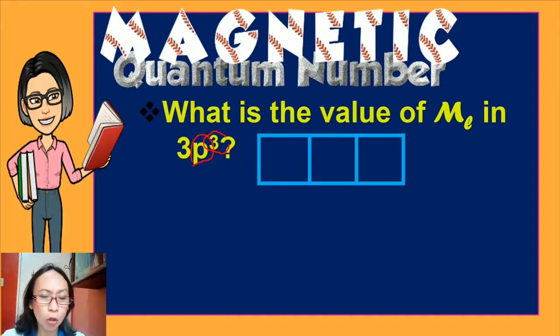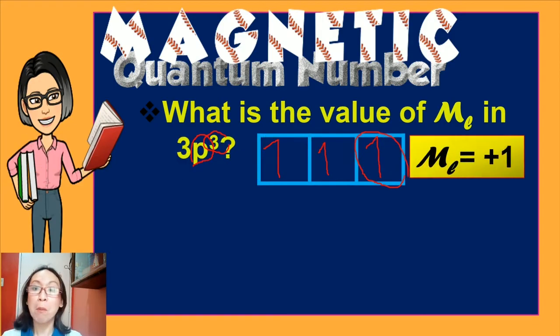Okay, so tatlong ating didistribute. This is 1, 2, and 3. Dito po tayo huminto sa ating orbital. What is the value of this orbital? If your answer is positive 1, you are correct.